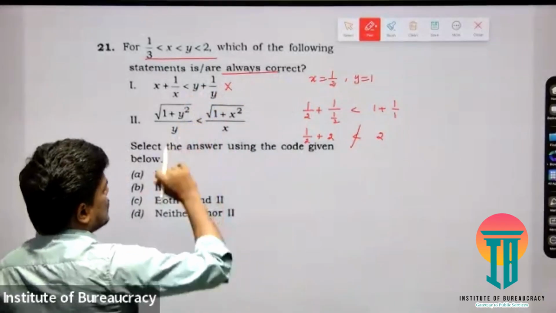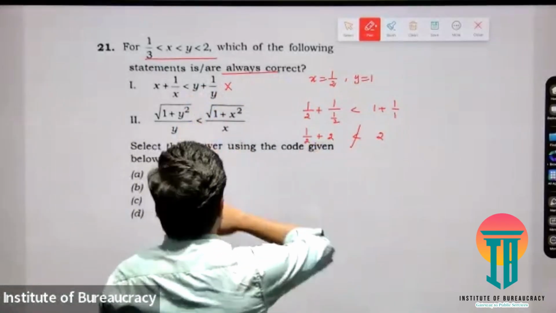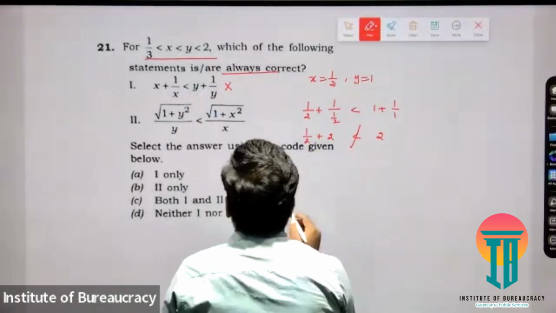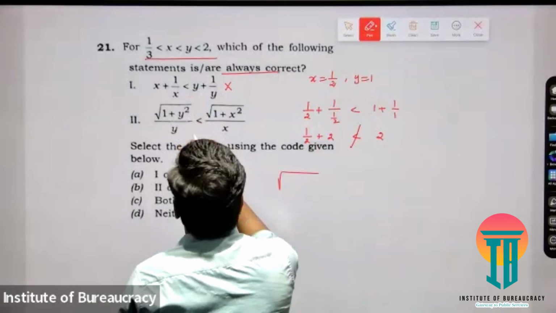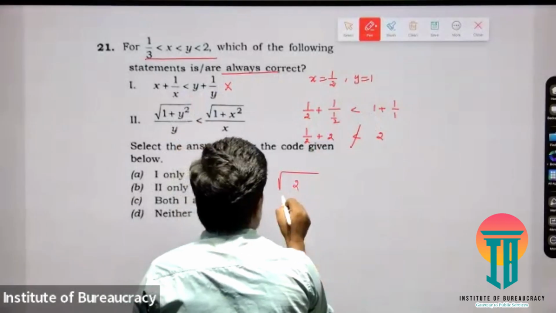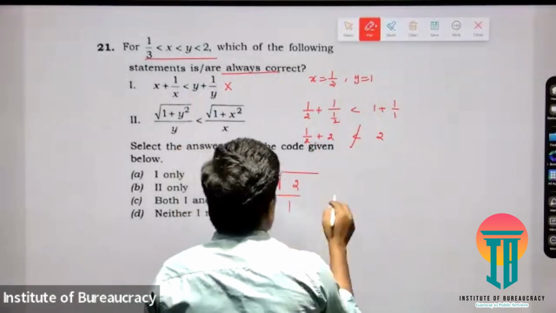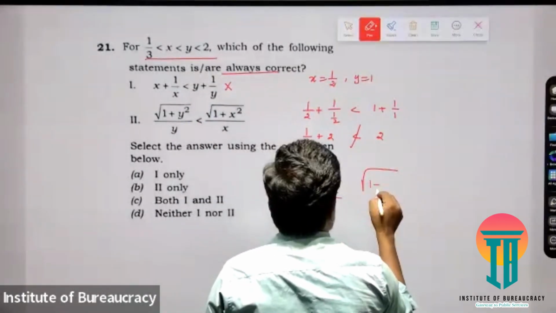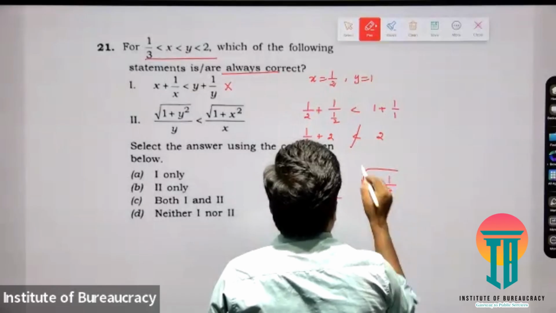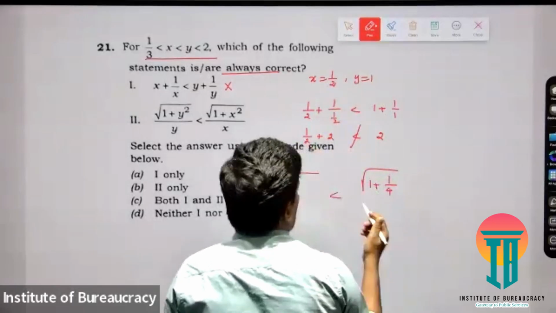When it comes to this one, if you substitute the same value here, what happens you see here? Root of y value is what? 1. Therefore, 1 plus 1 squared is going to be 2 by what? 1. Root 2. Is it less than what? This side we have 1 plus 1 by 4 because the x value is 1 by 2, the whole square.